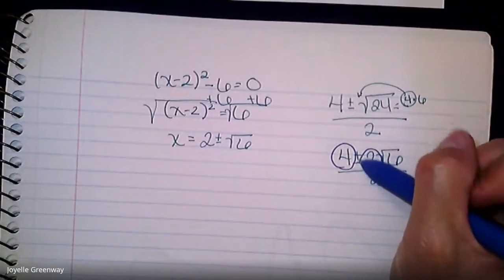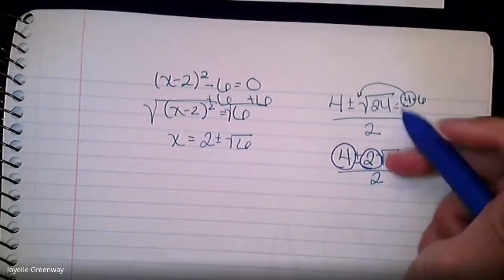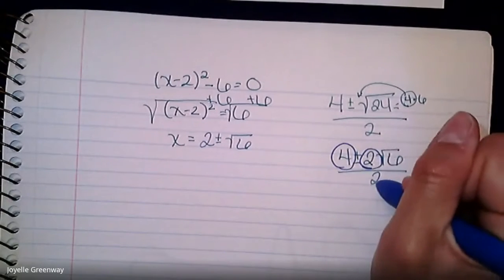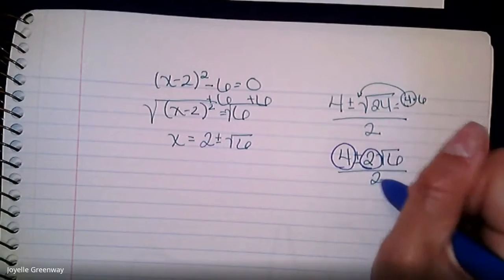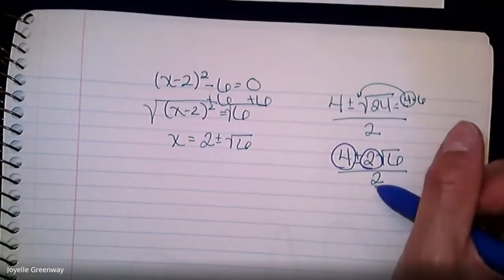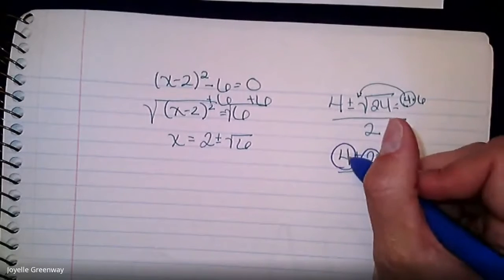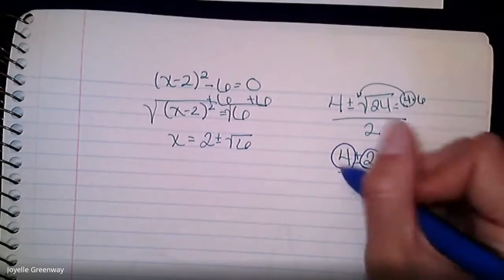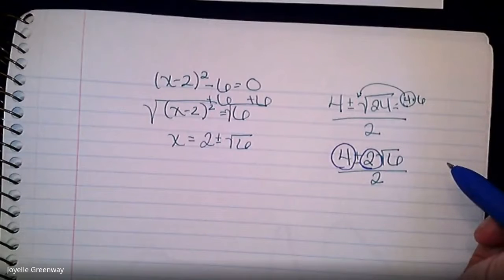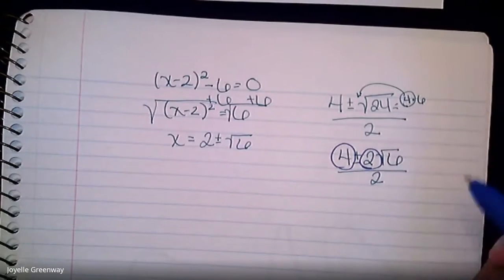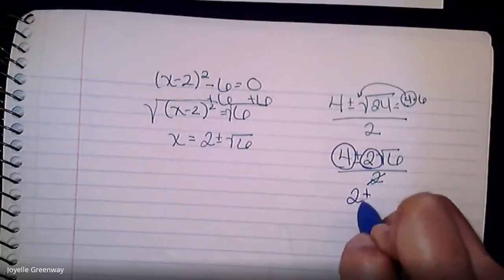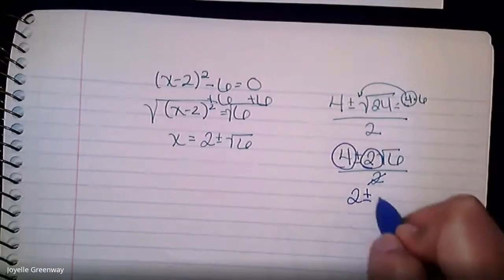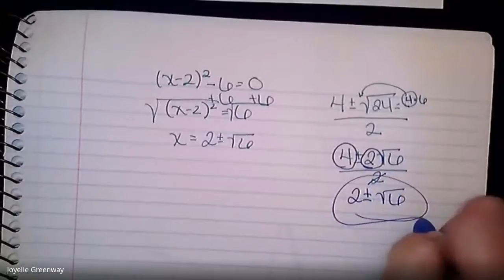So see how this is separated by a plus or a minus? They both have to be factors of the denominator, or the denominator and the coefficient and the 4 all have to have the same factors, right? So I can divide each one by 2. So that's going to cancel. So you get 2 plus or minus 2 divided by 2 is 1, radical 6.